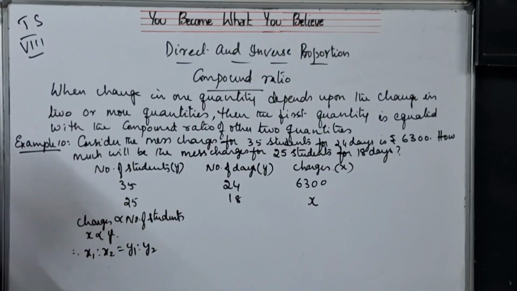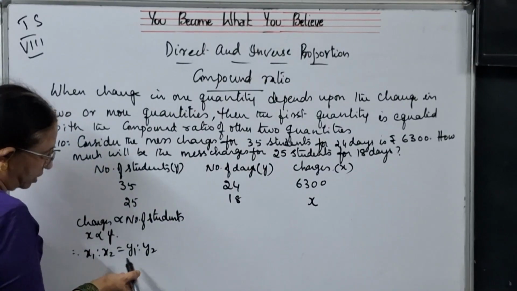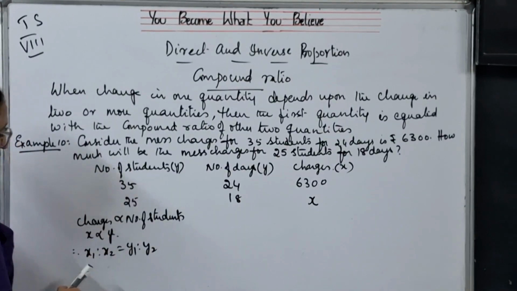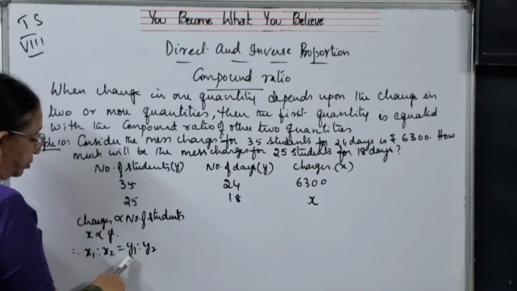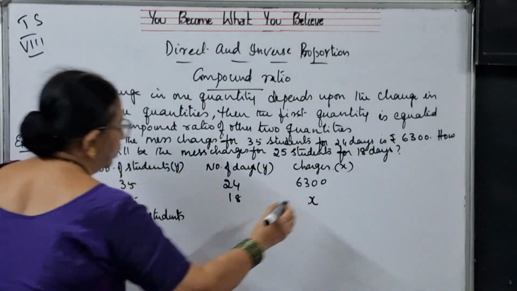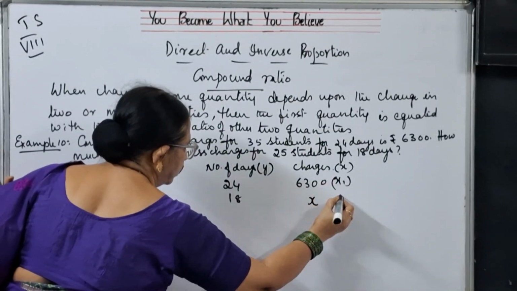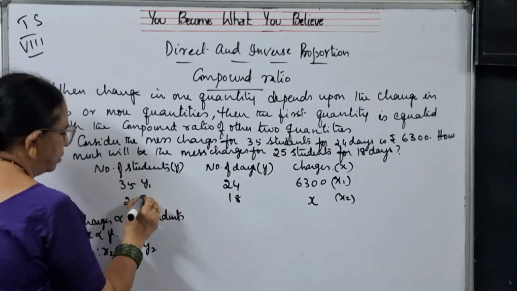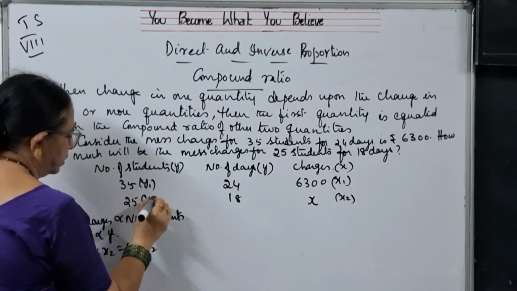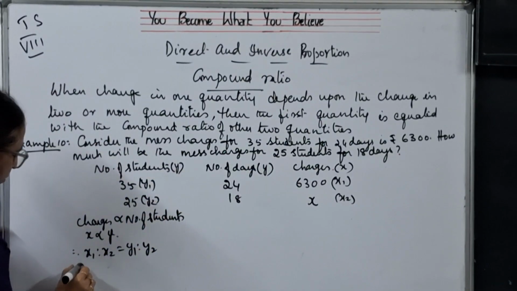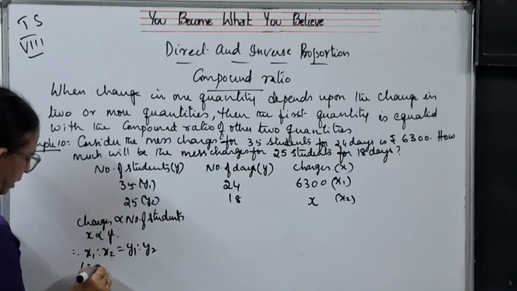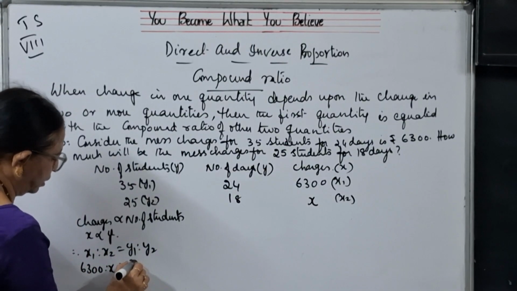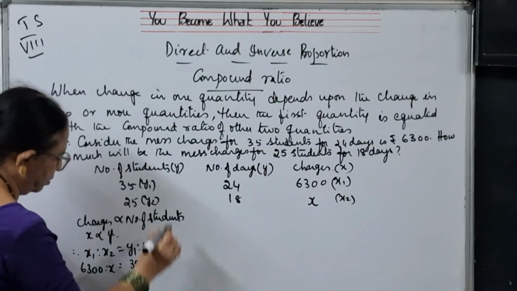Already we have discussed earlier. If it is an inverse ratio, we will write y2 is to y1, but because it is a direct proportion, y1 is to y2. So let us consider this as x1, x2, y1, y2. That means 6300 is to x is equal to 35 is to 25.